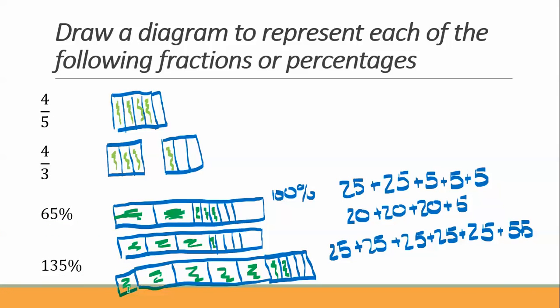Notice I tried to keep it about the same size, so now we have 25, 50, 75, 100, 125, 130, 135. It's a really good idea to always check when you're done drawing that you add it up and make sure you have what you're supposed to. Otherwise you make mistakes like I just did, which is okay.